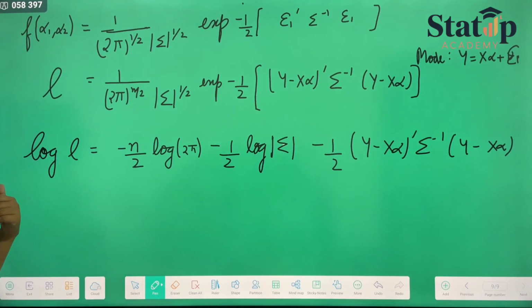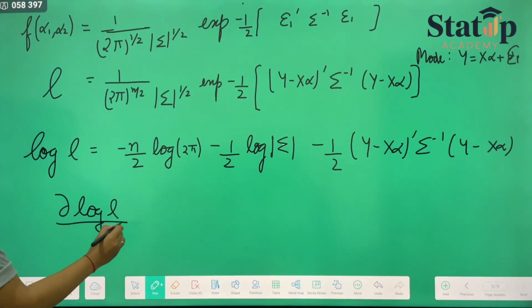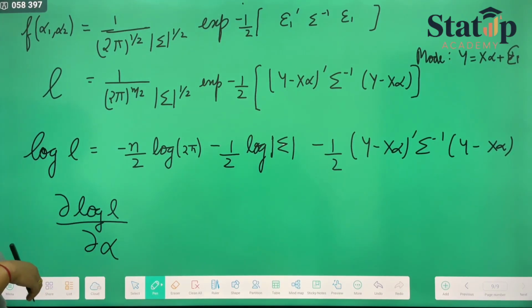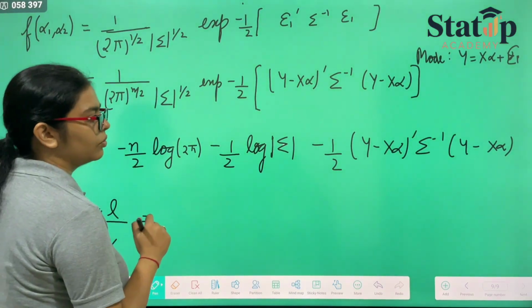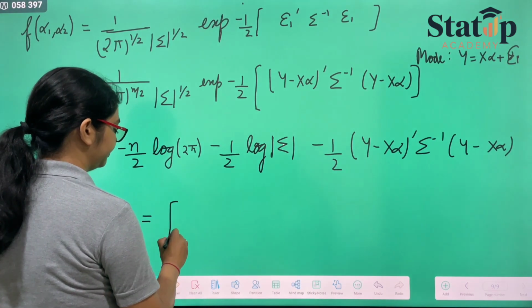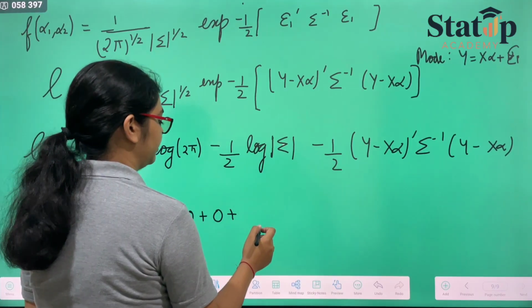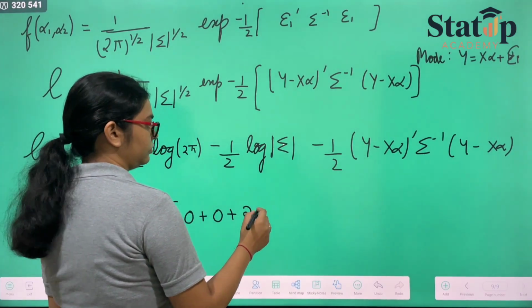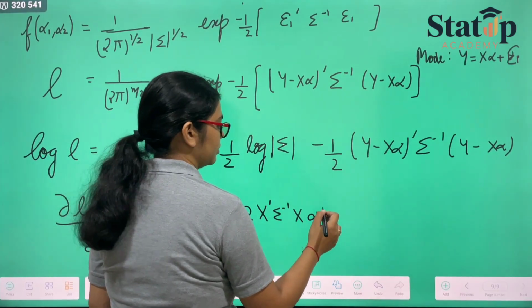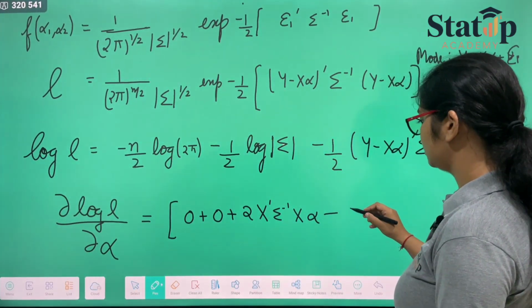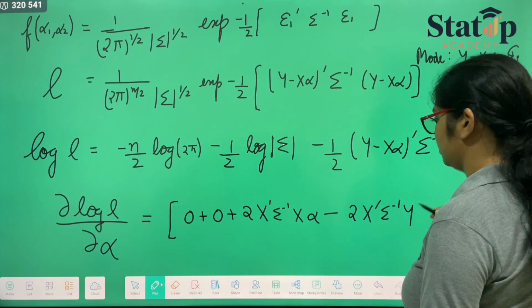Now here we will first differentiate this log L with respect to alpha. If we differentiate it with respect to alpha, the first two terms will be equal to 0, and we are left with only the third term, x dash sigma inverse x alpha minus 2 x dash sigma inverse y.